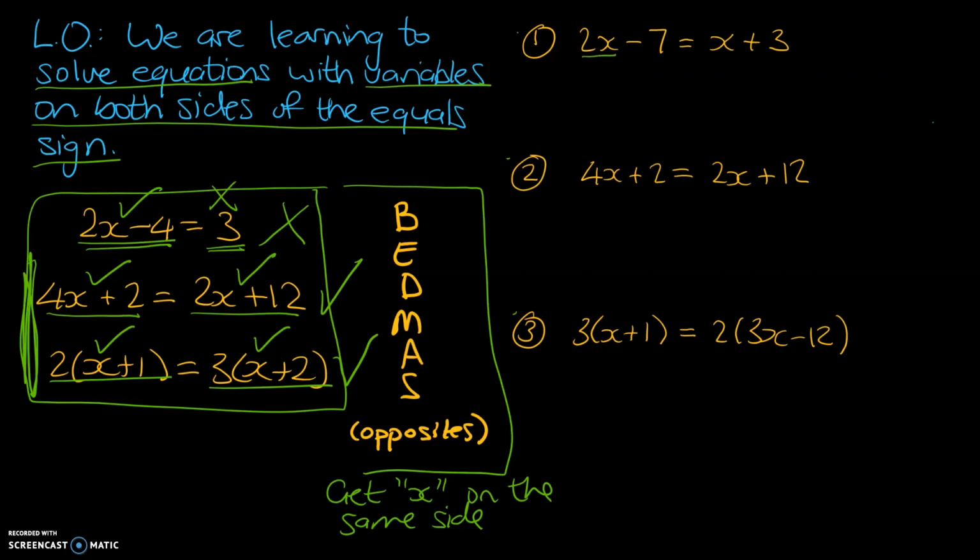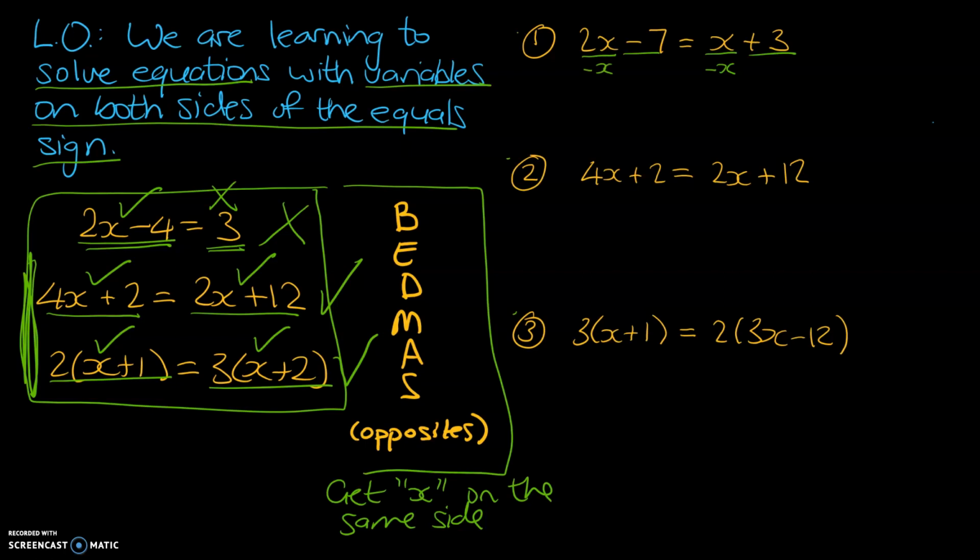We've got 2x minus 7 equal to x plus 3. What I'm going to do is get rid of this x on the right-hand side by doing minus x. And that means x minus x becomes 0, so they cancel each other out. Because we've done it on the right-hand side, we have to do it on the left-hand side.